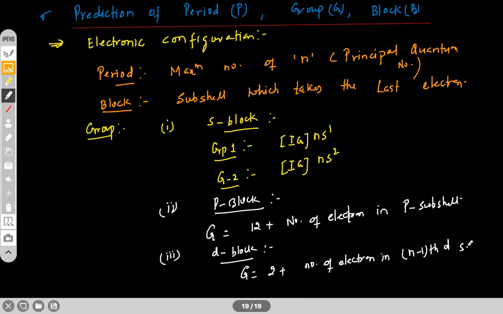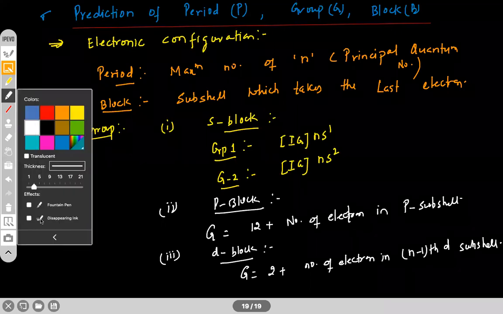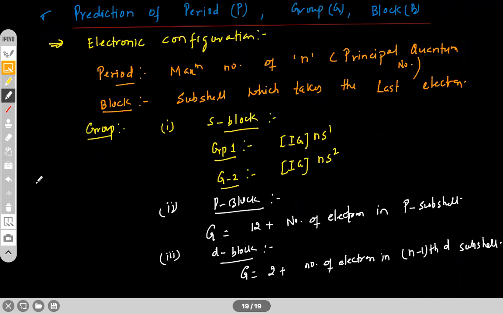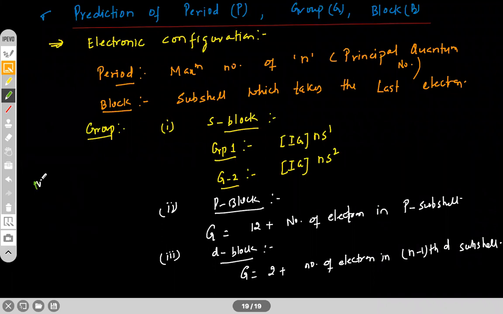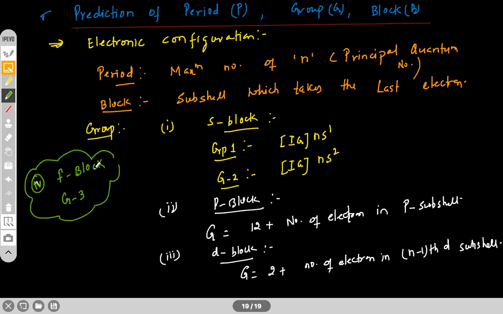And the last one, fourth one, if it is F block, the group is always 3. For F block, you don't have to worry, it is always 3.